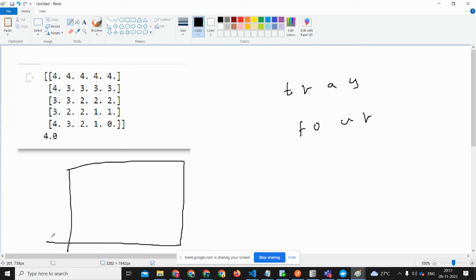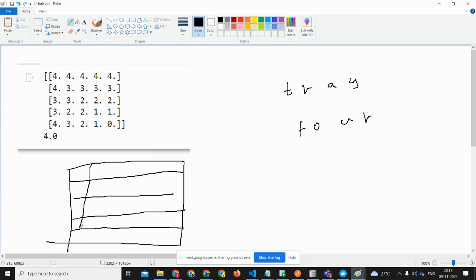I just need to draw that box, which is going to be horrible. Please adjust with this, guys. Okay, now what am I supposed to write here? Tray. 0, 1, 2, 3, 4, and again 1, 2, 3, 4.